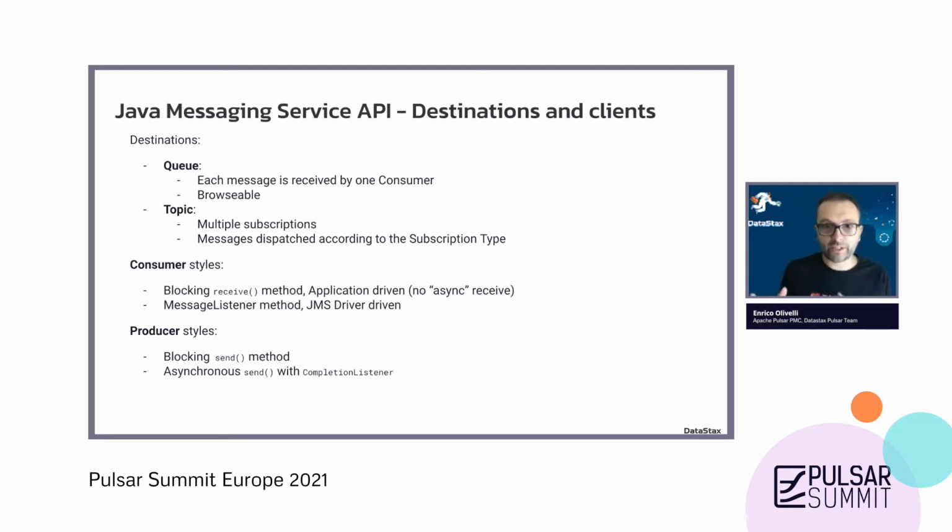On the producer side, you have a blocking send method in which your application sends the message and waits for the message to be accepted by the broker. And you have an asynchronous send that is available in the JMS 2.0 API, in which you pass a completion listener, and asynchronously you are notified of the success or failure of the sending.